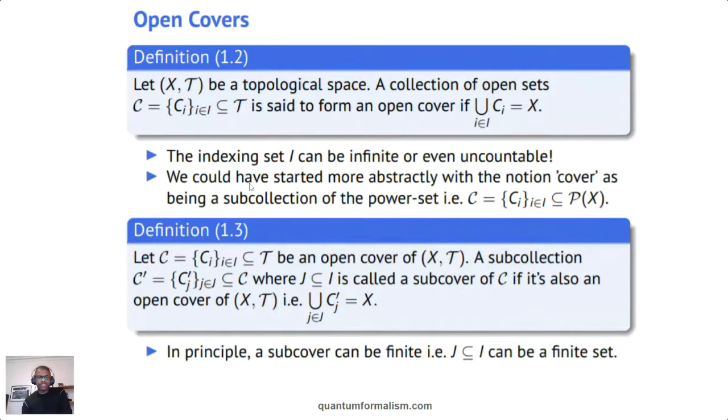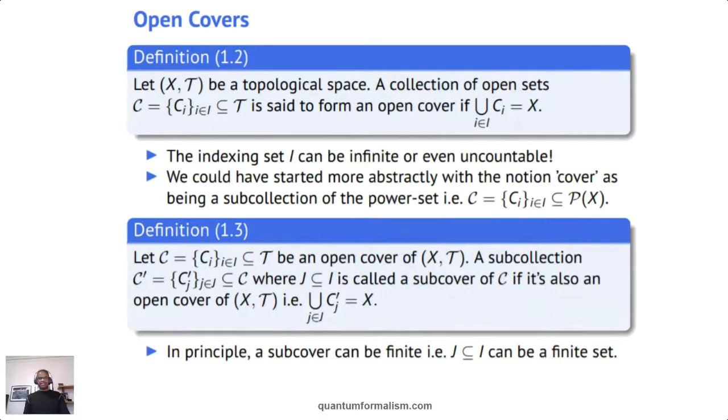And another thing I want to say is that we could have started the definition in a more abstract fashion by defining the notion of cover as being a subcollection of the power set, okay? In other words, C to be contained in the power set, which is the set of all subsets of X. But we don't want to do that because what matters to us is really the open covers.